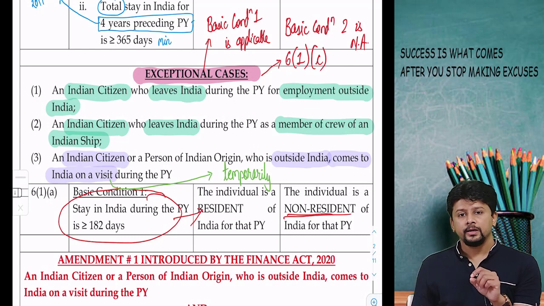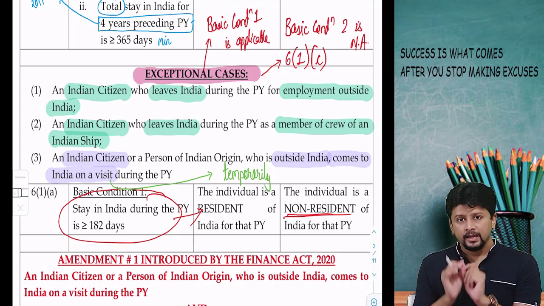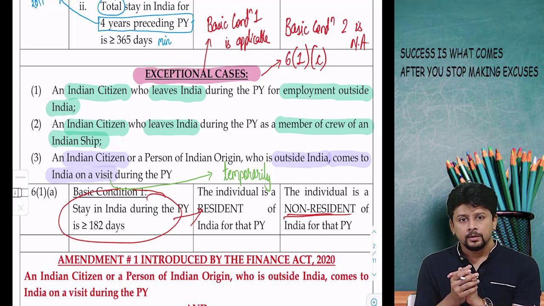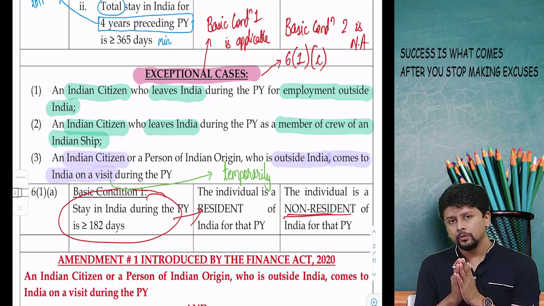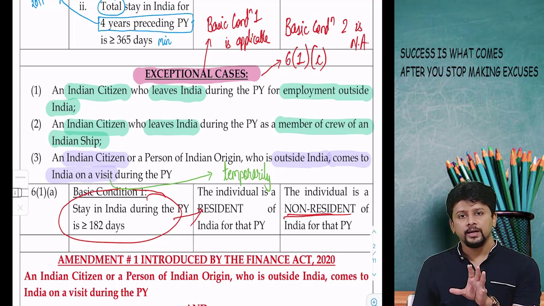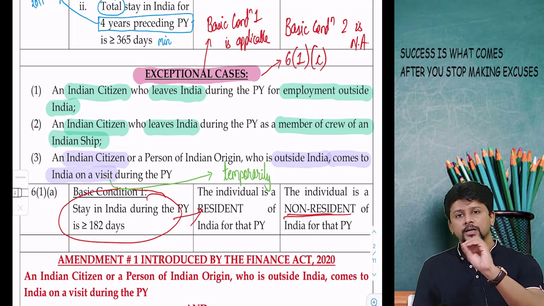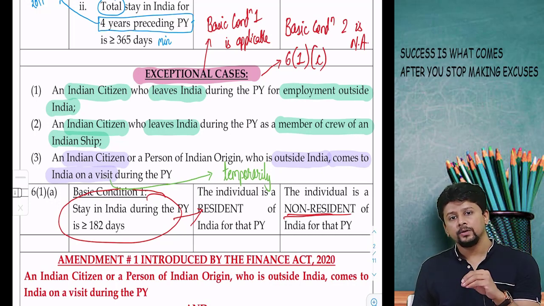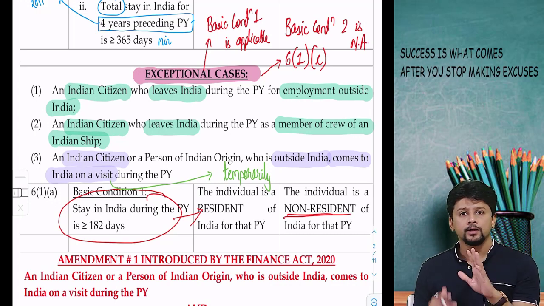The question will specifically tell you that he is coming into India for a visit. If the question wants you to be covered by the exceptional case, they will use the word visit. This is a clear-cut indication that the examiner does not want you to check basic condition number 2, to indicate that this person is coming into India temporarily. This person is already outside India, he is staying outside India, he is visiting India on a temporary basis, he is not coming into India to permanently settle.